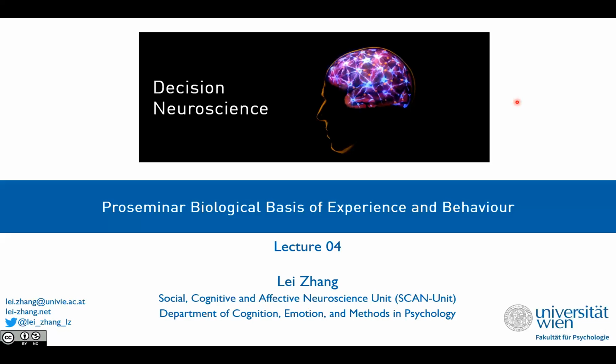Some techniques are good at spatial resolution but not at temporal resolution, for example the fMRI. Others, like EEG and MEG, have relatively good temporal resolution but not really good spatial resolution. Okay, MEG actually has a pretty decent spatial resolution.